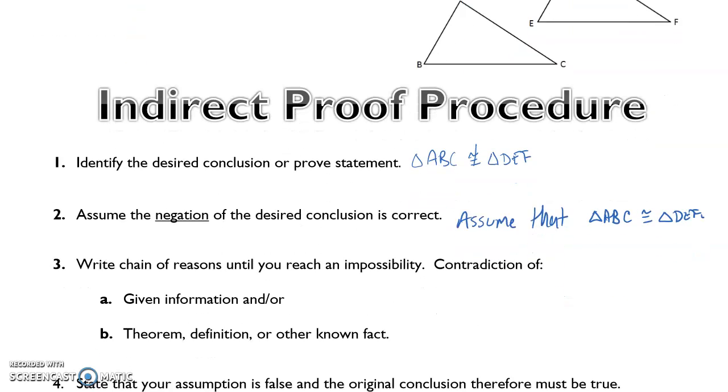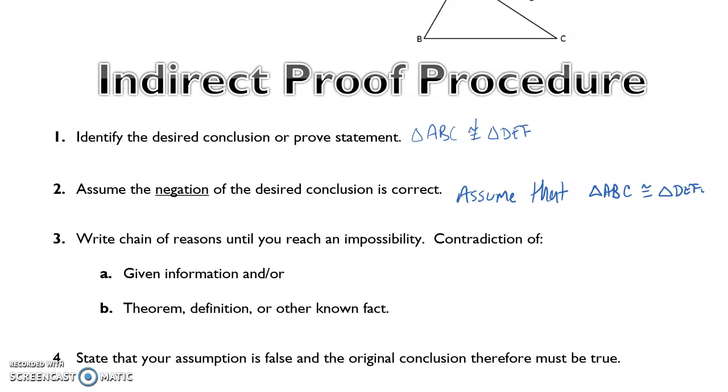Then we're going to follow a chain of reasons until we reach an impossible situation, a contradiction of some givens, or a contradiction of a known theorem or definition.